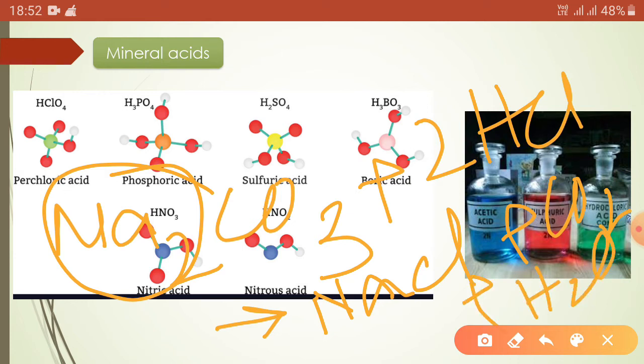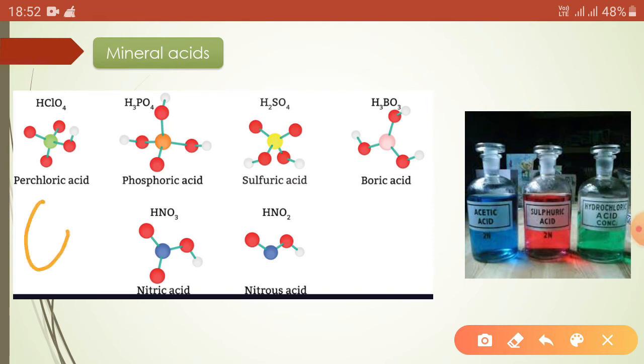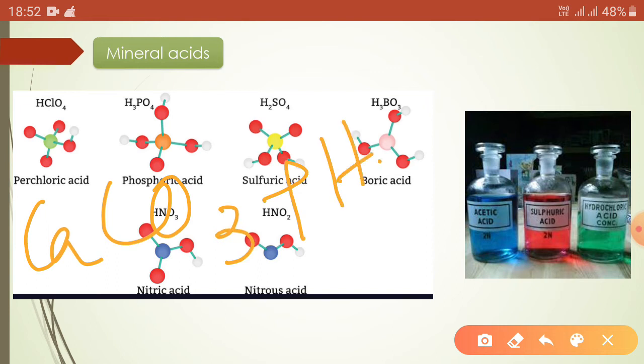So that means when a metal carbonate reacts with acids, it gives us salt, here sodium chloride, and then carbon dioxide and water. Got it? Now we take another metal carbonate as an example: calcium carbonate. The formula is CaCO3, reacting with H2SO4, sulfuric acid.